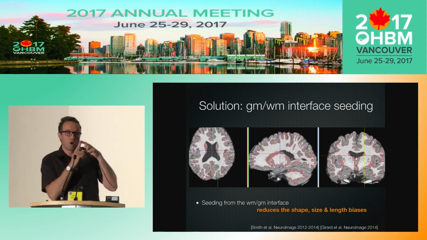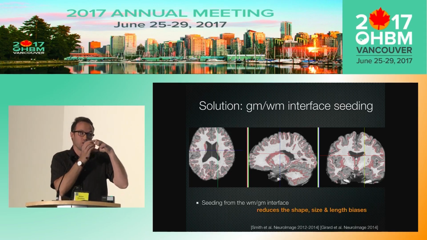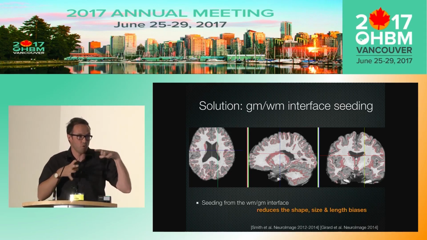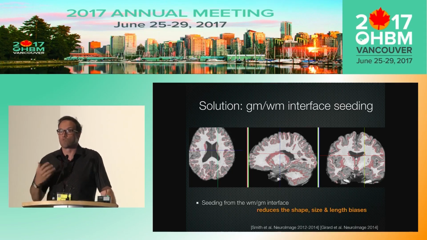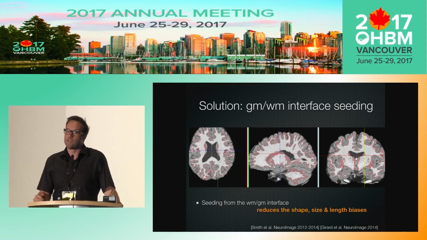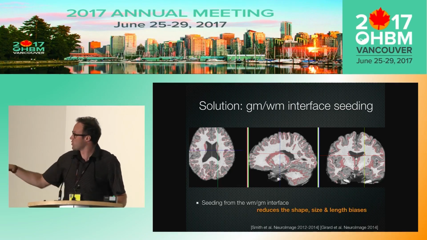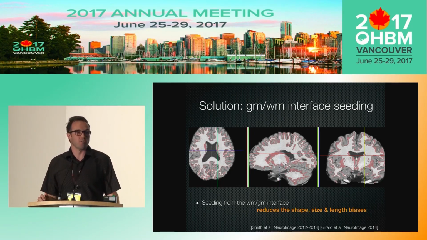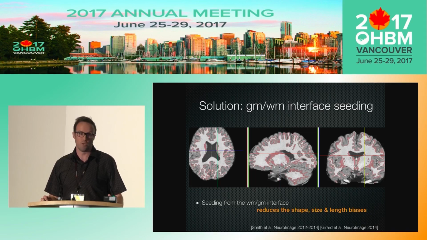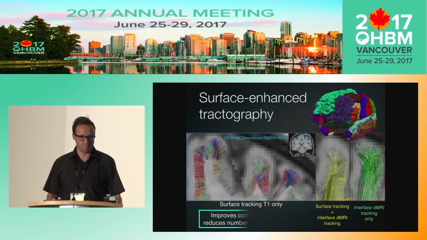So a larger cortical surface area will generate more seeds and potentially more tracks, which is a little bit more biologically inspired, because this is where the neurons are, and this is where the neurons are making their projections in white matter. So it's not solving the issue, but if you're actually quantifying the distribution of tracks in your tractogram, this helps reduce the overrepresentation of large, big, easy-to-track bundles in your tractogram.